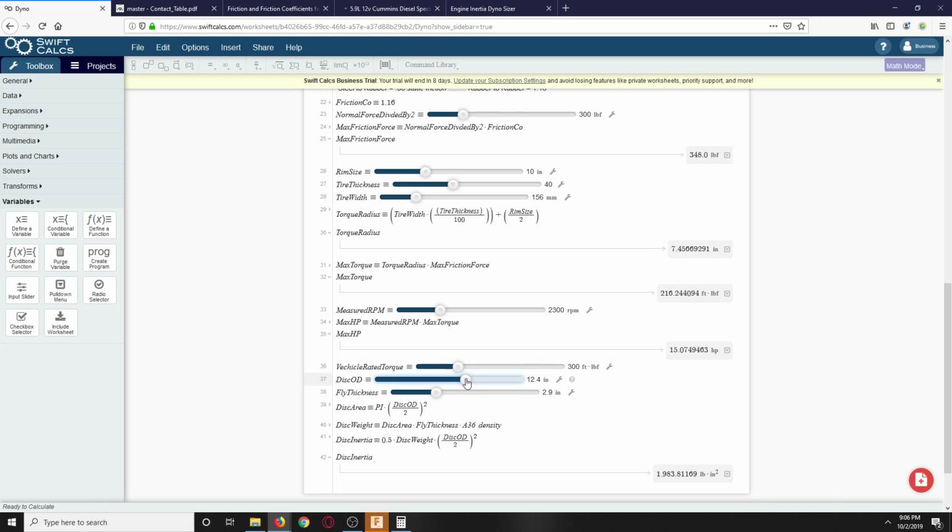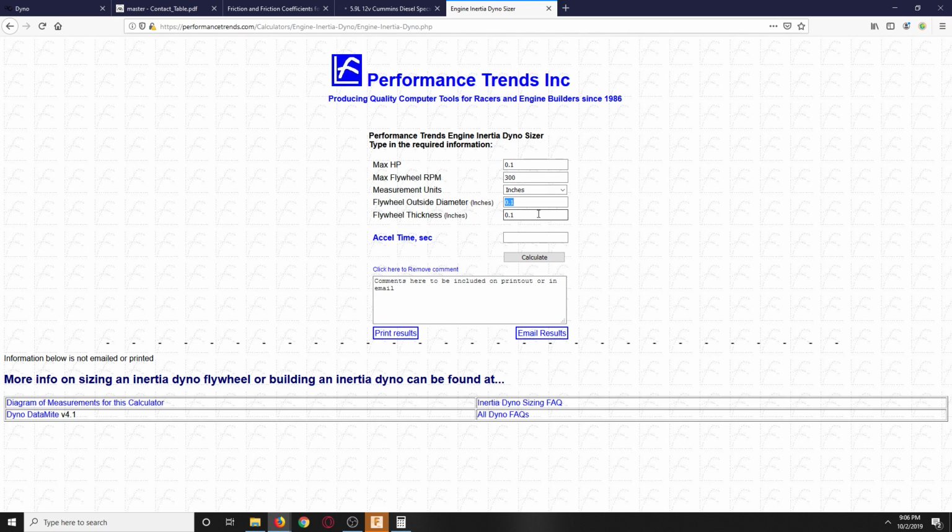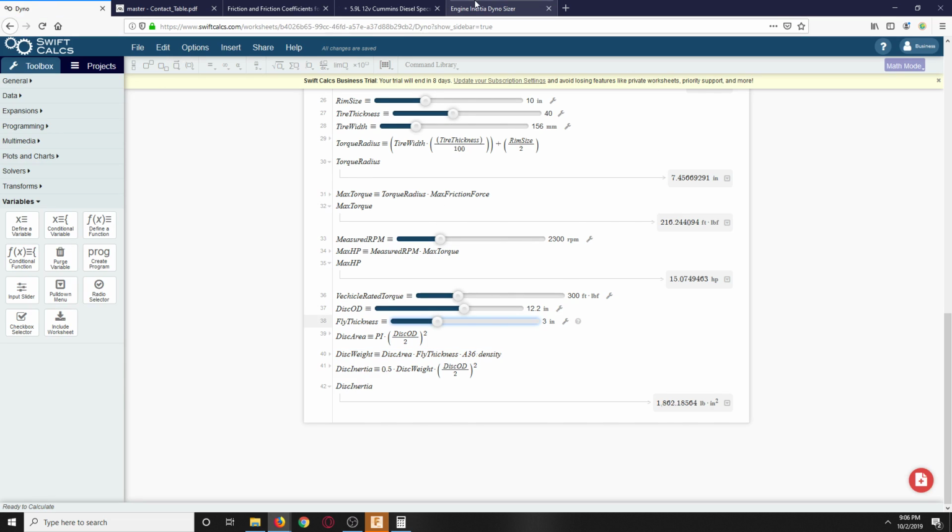Well, you have to do 1800, right? 1850. Okay, I'll call that good. So that is vehicle rated torque. That doesn't matter. Okay, so that's what we're looking for here: disk OD of 12.2, and thickness of 3 inches.